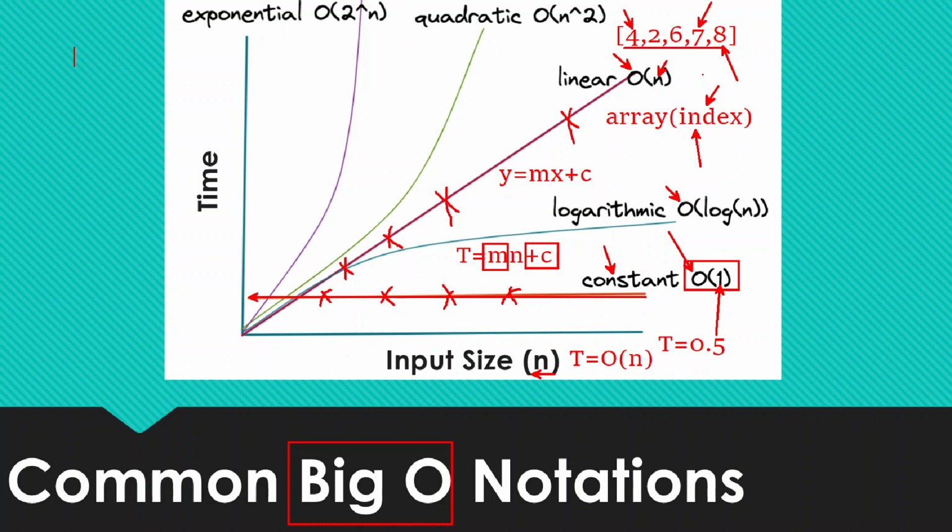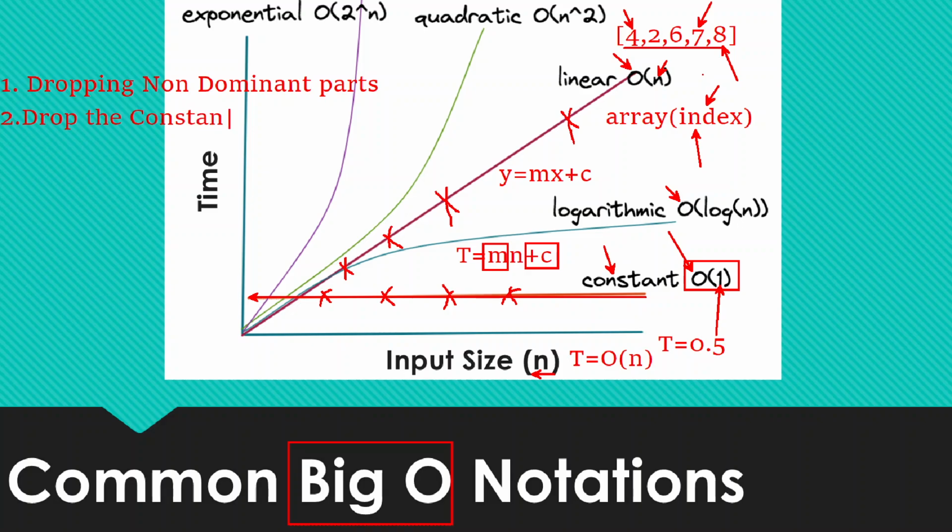I mentioned something and it wasn't very clear. There are 2 rules when you've come up with this equation. The first rule is dropping non-dominant parts. Any part that is not growing so fast, like c, which is just alone here, we're going to drop it. Then we're going to remain with mn. After dropping the non-dominant parts, we drop the constants.